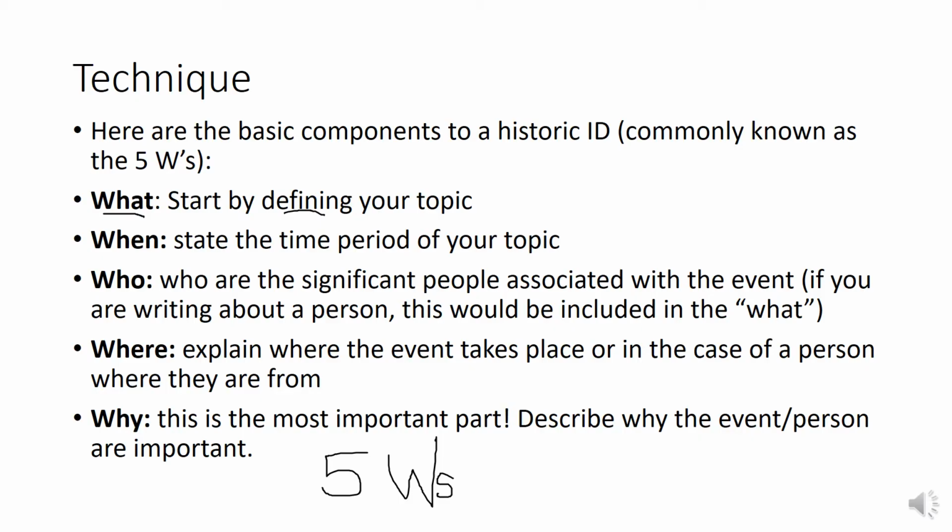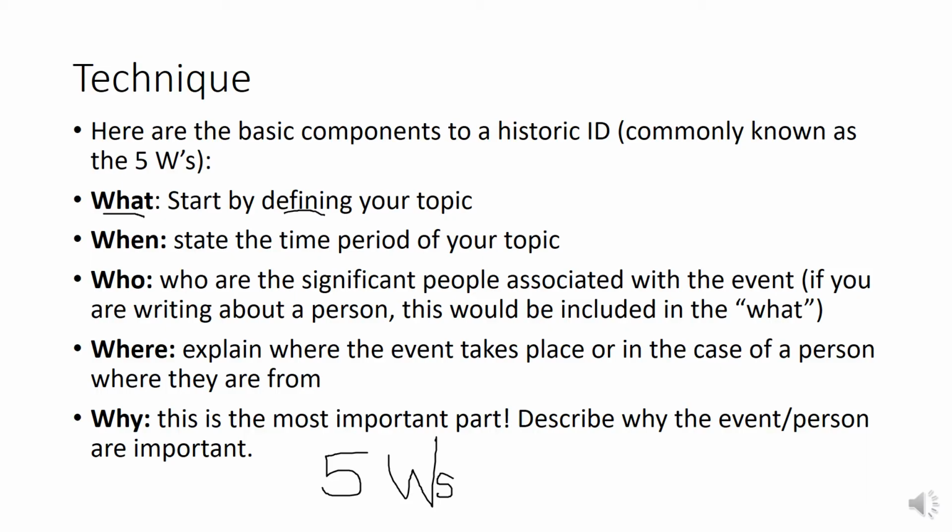Sometimes it's very simple. For example, if I wrote on your exam, write an ID on the Freedmen's Bureau, you would start your ID by saying, the Freedmen's Bureau is a federal agency that was created in 1865.